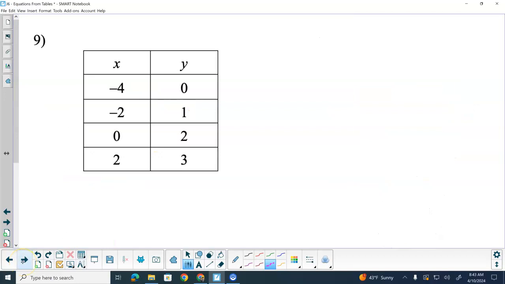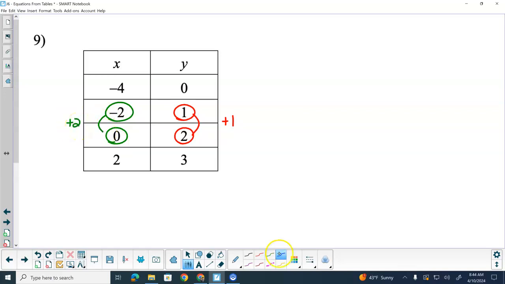Stephanie, which 2 points did you choose for number 9? 2 and 3? To go from 1 to 2 is a plus 1. To go from negative 2 to 0 is a plus 2.